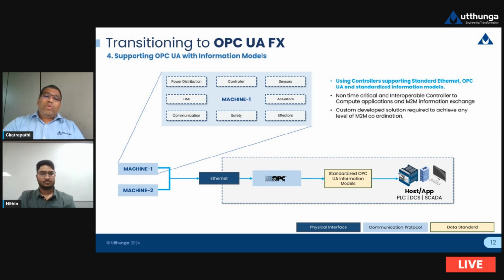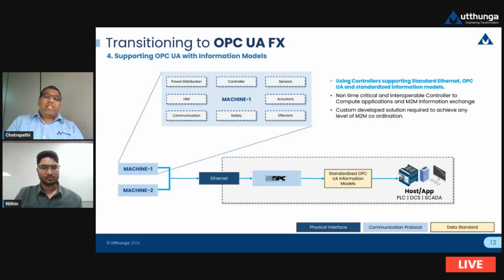So when you use an application specific standardized information model as a base for your implementation, then it becomes very easy to understand the information that is coming from these machines, even though they are custom built from different vendors, supporting different features. Still, you'll be able to identify these machines, you'll be able to understand what to ask when you need specific information and so on.